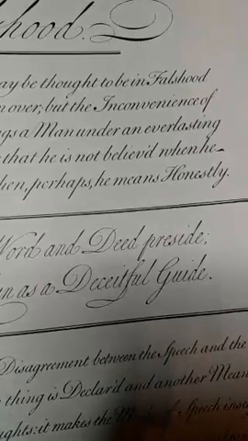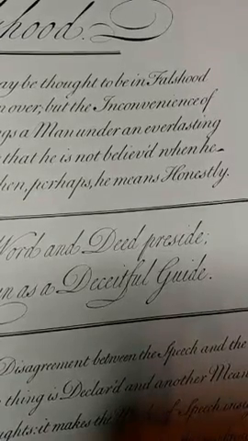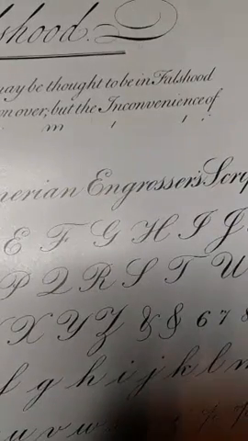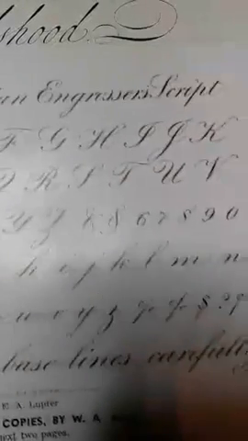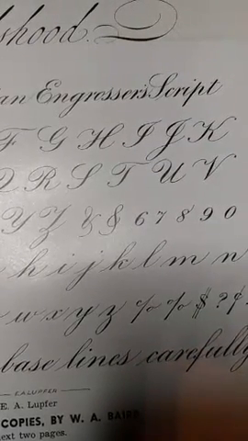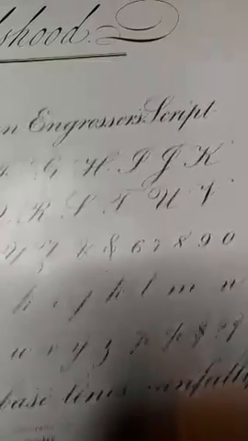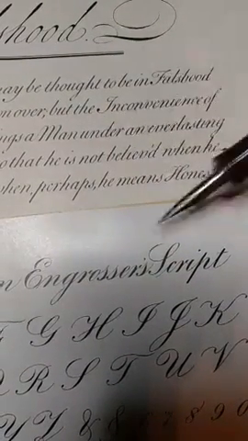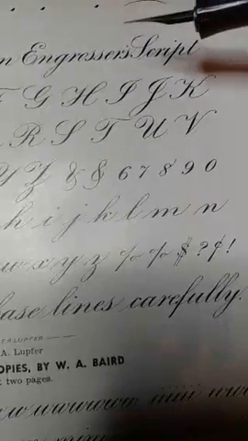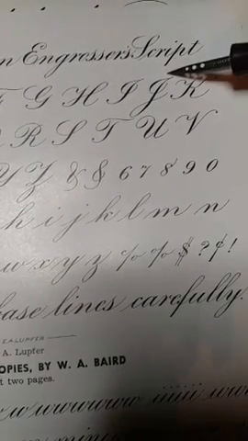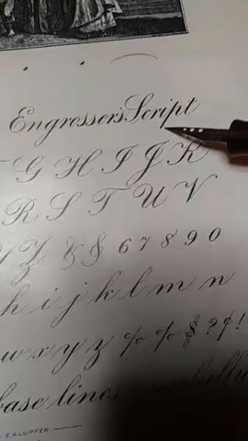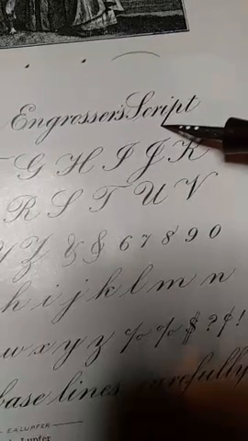All right, now I'm going to bring up from the Zanerian Manual, Engrosser script. Engrosser script is a form of English Roundhand. But what they did was they tried to perfect the letters by doing it very, very slowly.